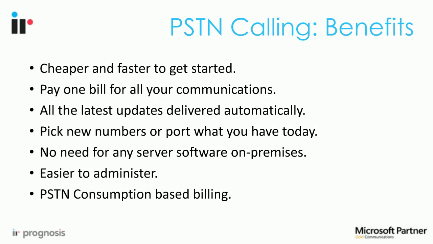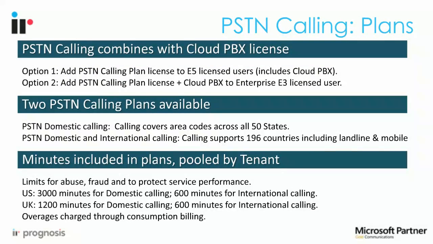There is PSTN consumption-based billing also. If you get PSTN calling services, you get about 3,000 minutes for domestic calling and 600 minutes for international calling. But if you overuse those minutes, then you can supply additional calling capabilities via consumption-based billing, and then you get charged per minute.